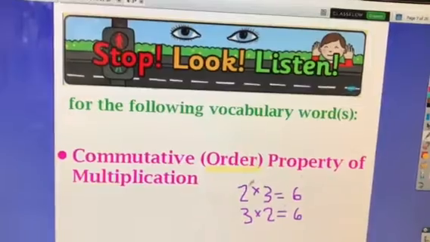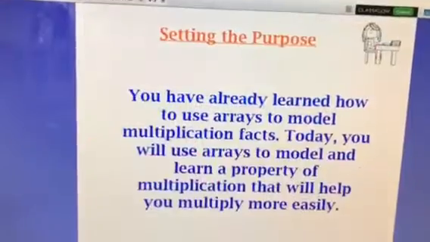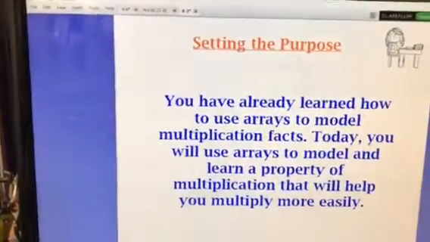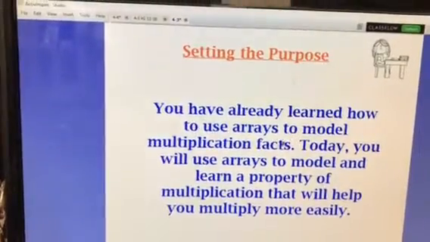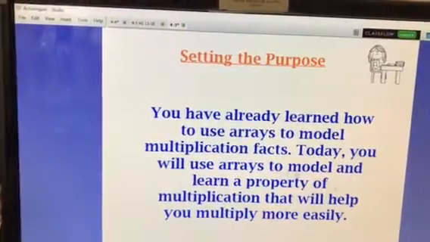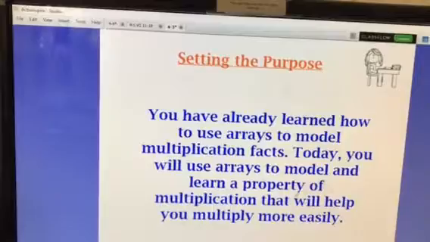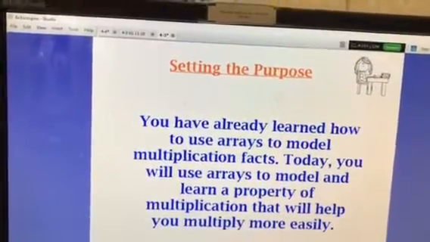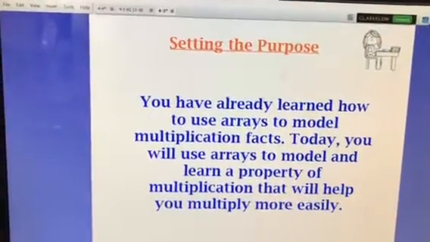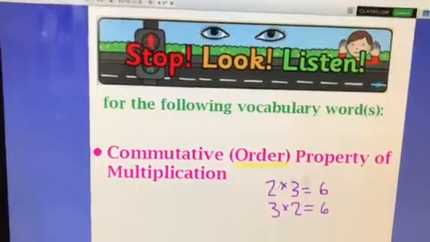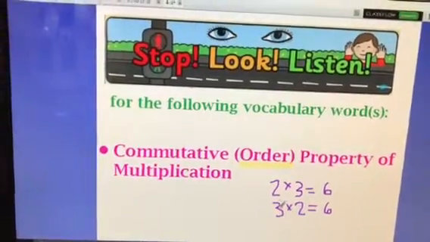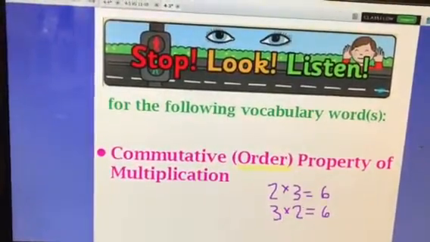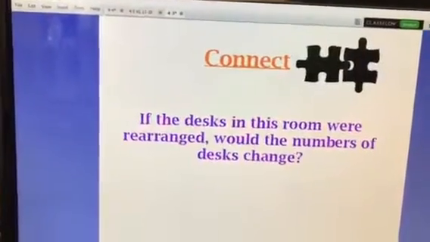And all we did was just switch the order of the factors. So you've already learned how to use arrays to model multiplication facts. Today you will use arrays to model and learn a property of multiplication that will help you multiply more easily. Because like we said, knowing that 2 times 3 is 6 makes it a lot easier for us to do 3 times 2, which is also 6.